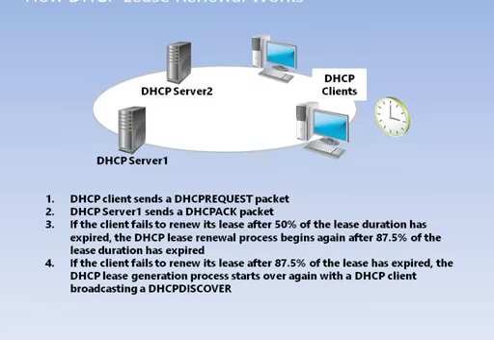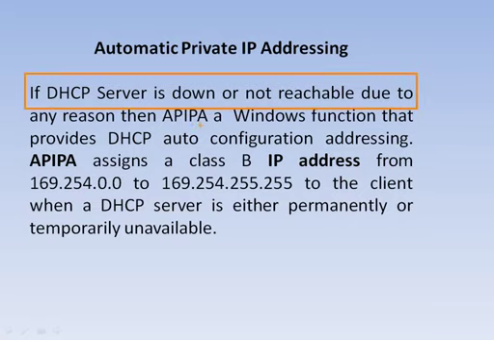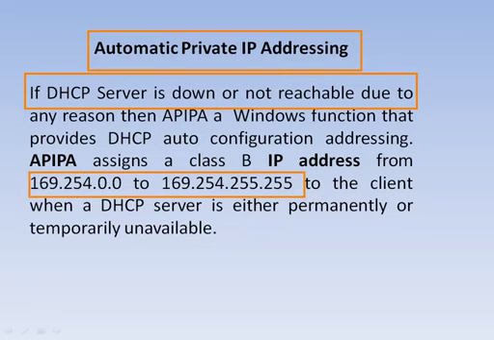If the IP gets renewed, your client machine's IP and lease time have been renewed, and it keeps working. But in case DHCP is down for any reason, then APIPA comes in. APIPA stands for Automatic Private IP Addressing. Its range is 169.254.0.0 to 169.254.255.255.